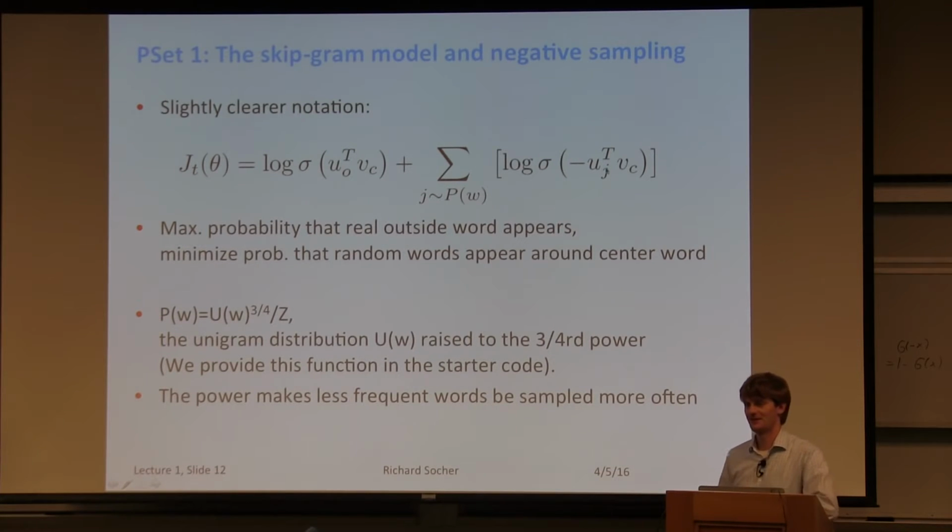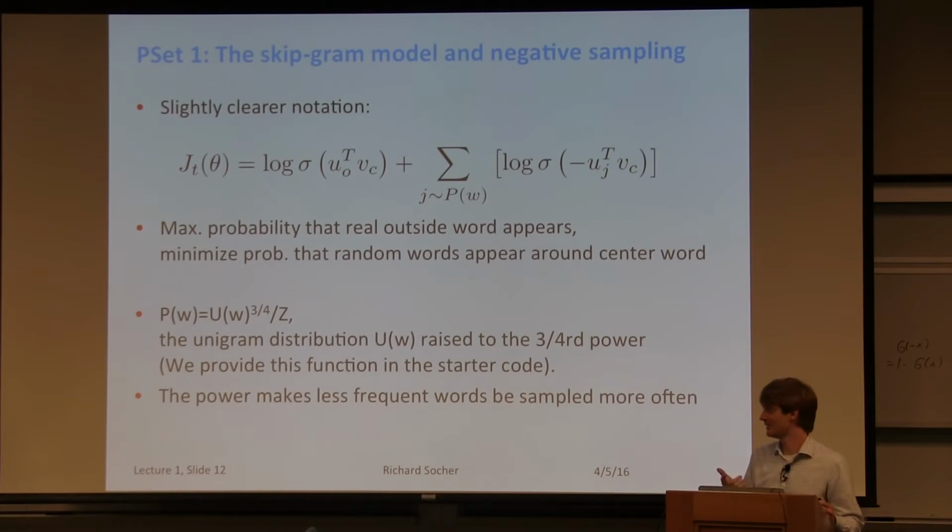Isn't the point that we want to sample words that are often co-occurring? That's correct. If it was completely uniform, we would sample very rare words like aardvark as often as very frequent words like hello. So here we will sample those more frequently, but not crazily so.